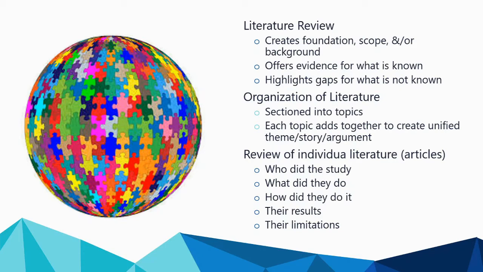When you're doing your literature review, you want to organize your literature and put it into sectioned areas for each topic. So let's go back to the article of the saffron petal plant and whether or not that would help with mild depression. You may have 20 articles that you want to use as evidence in your literature review.